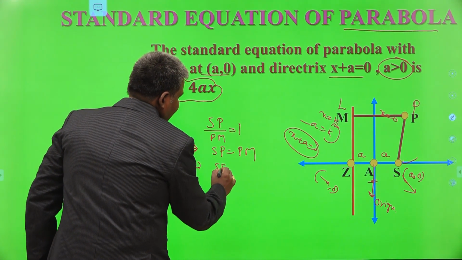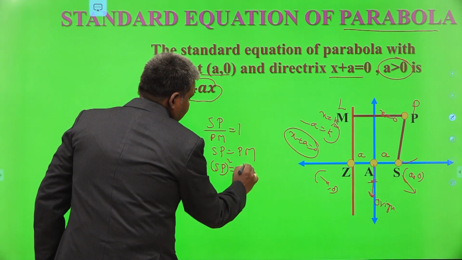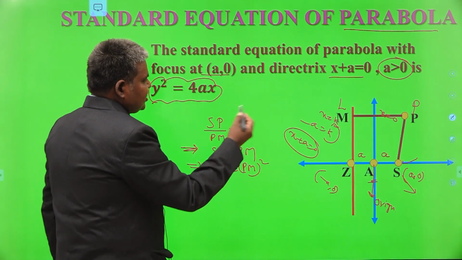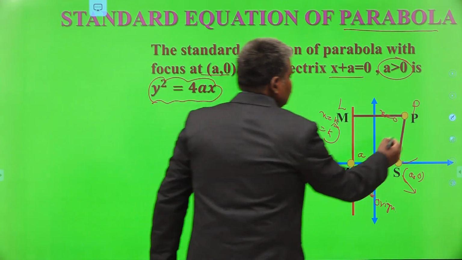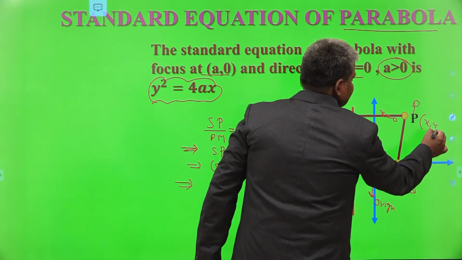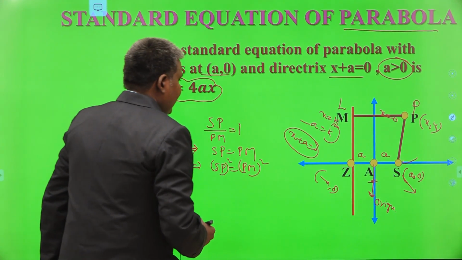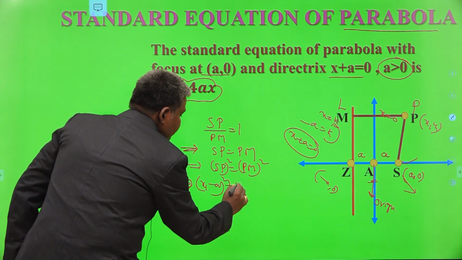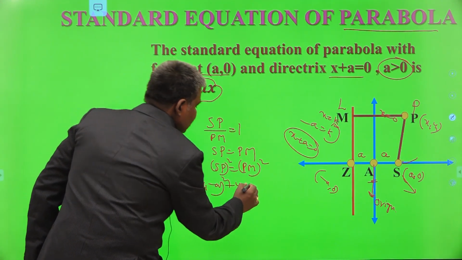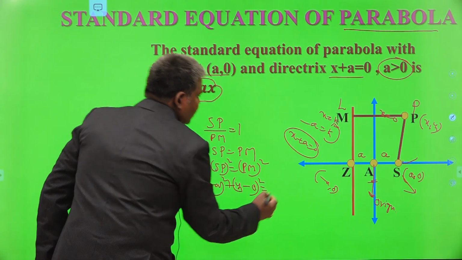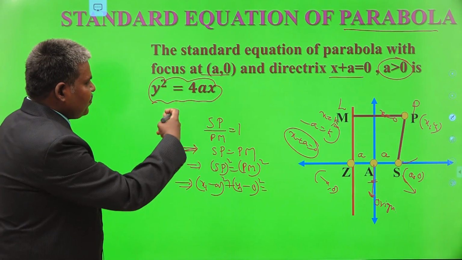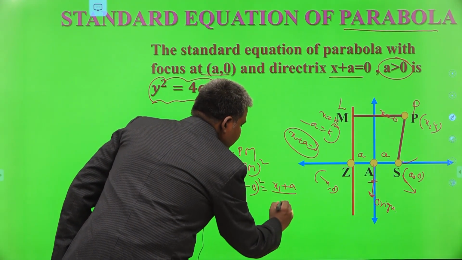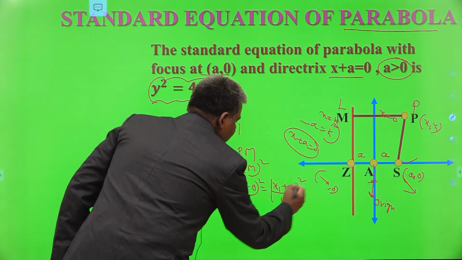This implies SP square is equal to PM square. SP square means the distance from the point to S. Choose your locus point as (x1, y1). So (x1 minus a) whole square plus (y1 minus 0) whole square is equal to the perpendicular distance from P to the directrix, (x1 plus a) by root 1, modulus, whole square.